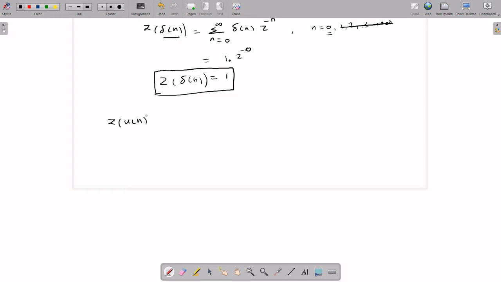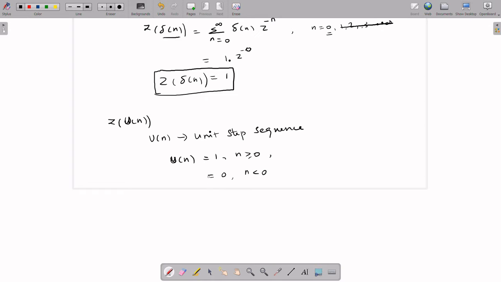u of n. What is that u of n? Capital U of n. This u of n is the unit step sequence. It is defined as u of n is equal to 1 when n is greater than or equal to 0, and is equal to 0 when n is less than 0.